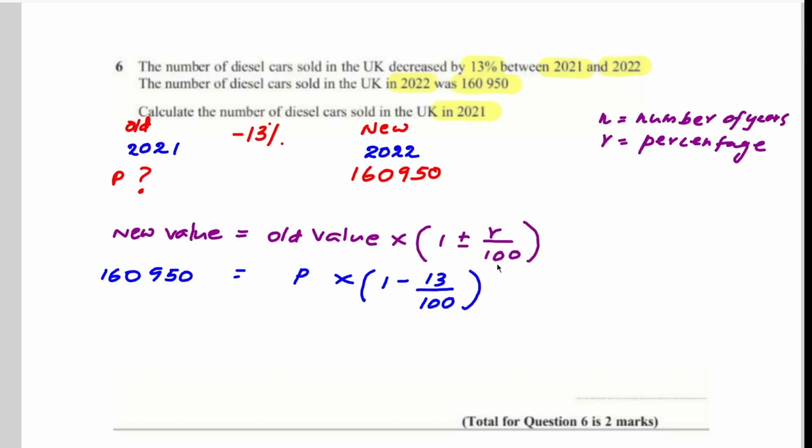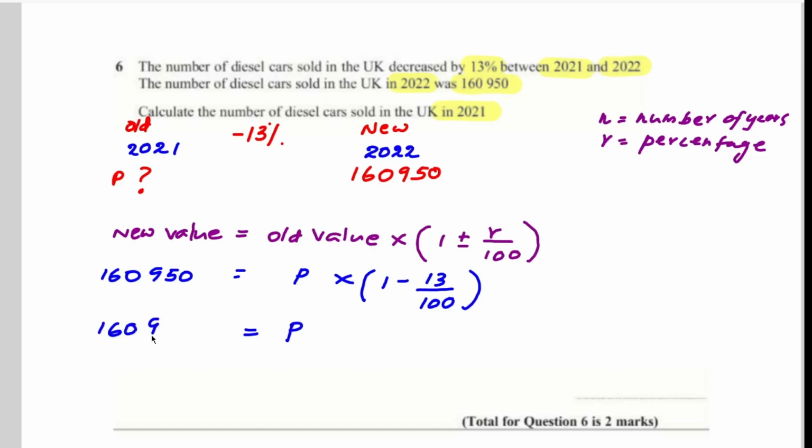Right, this 100 is fixed. Don't write 13% again, because I'm writing 100 here. Right now, I need to get what P is. Therefore, I'm keeping P here.